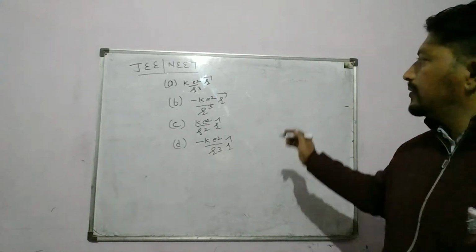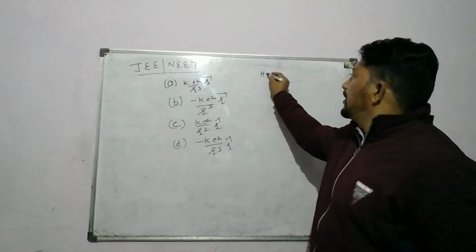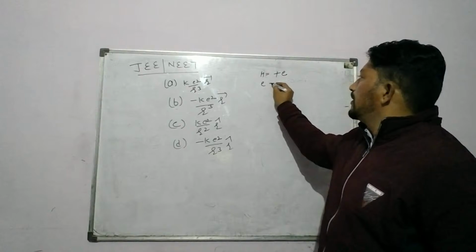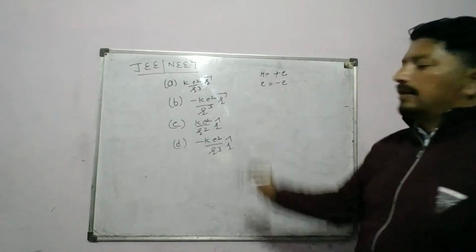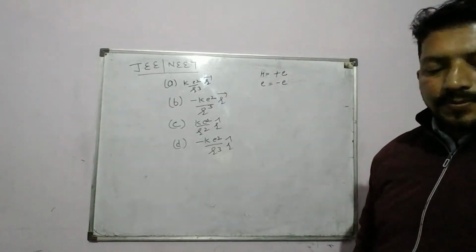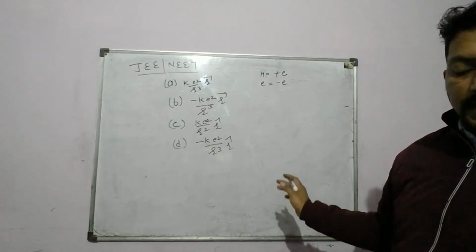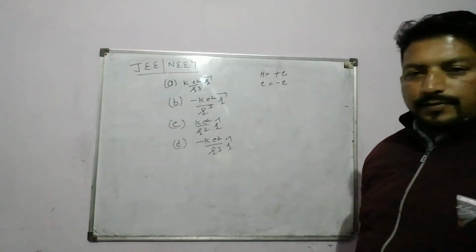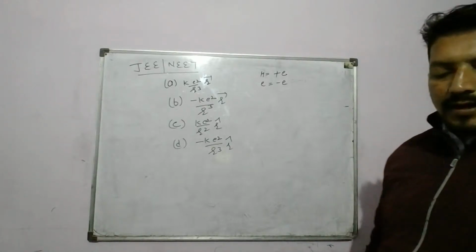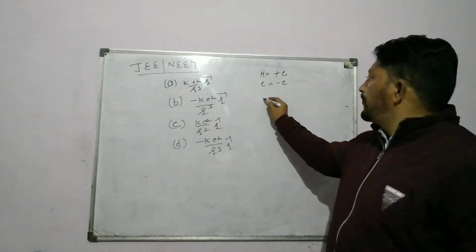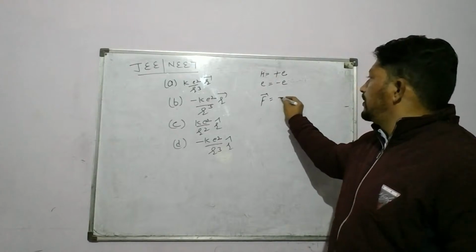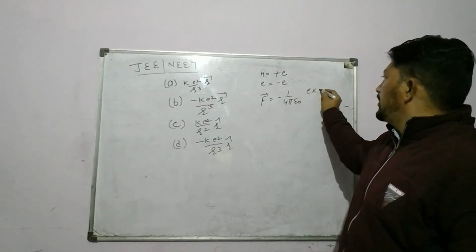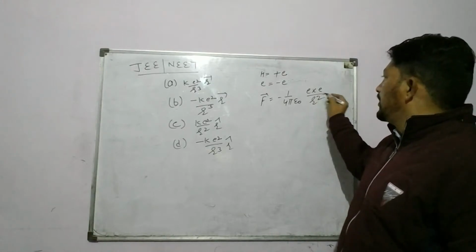Understand? Minus sign shows that the force is attractive. So F is equal to minus 1 upon 4 pi epsilon 0, e multiplied by e upon r square.